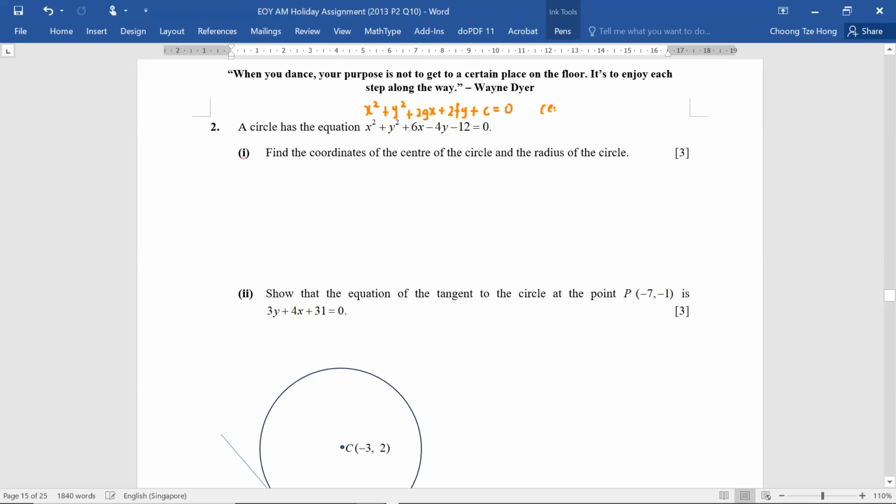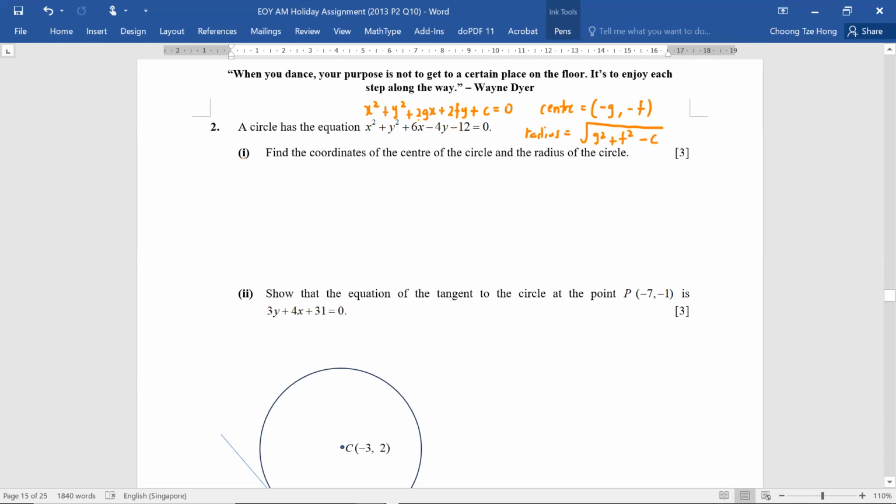The center can be found by (minus g, minus f), and then the radius will be the square root of g squared plus f squared minus c.